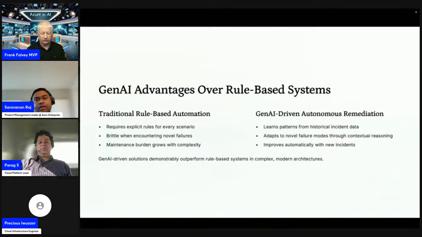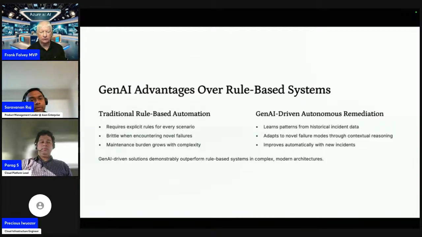Obviously, if you look at this type of model, it has definite advantages over traditional rule-based automation. If you simply look at if-then-else, rule-based automation requires explicit rules for every specific scenario. If you have a VM that's constantly rebooting, then you need to define a solution for that specific problem.